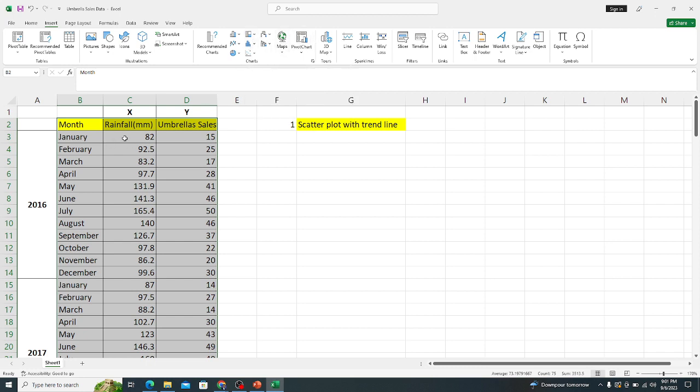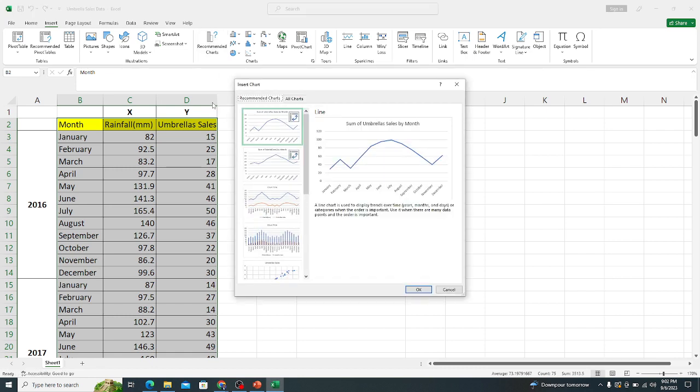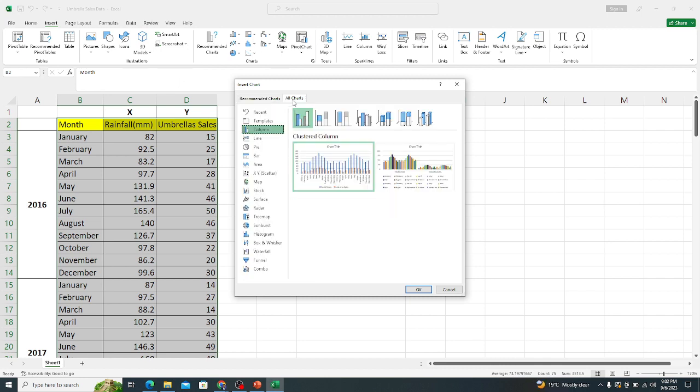If you have country names, you can include a map. I usually prefer going to the recommendation, then I go to all charts, so I can examine which looks better.